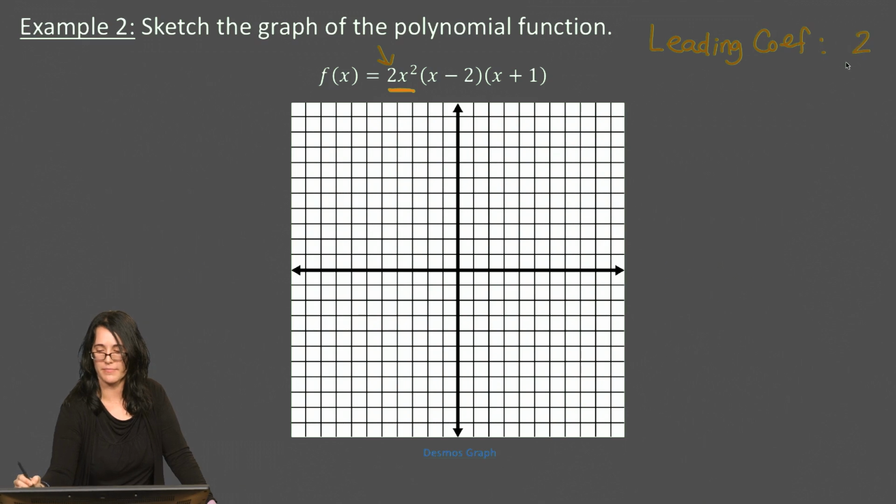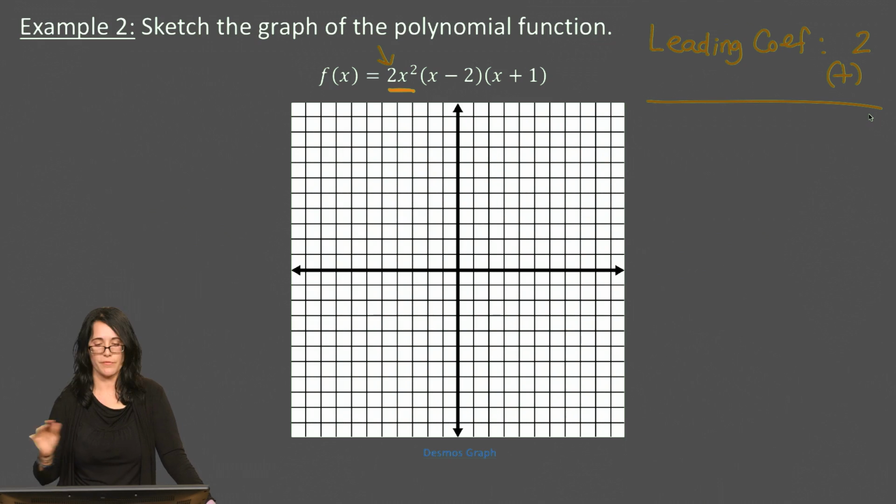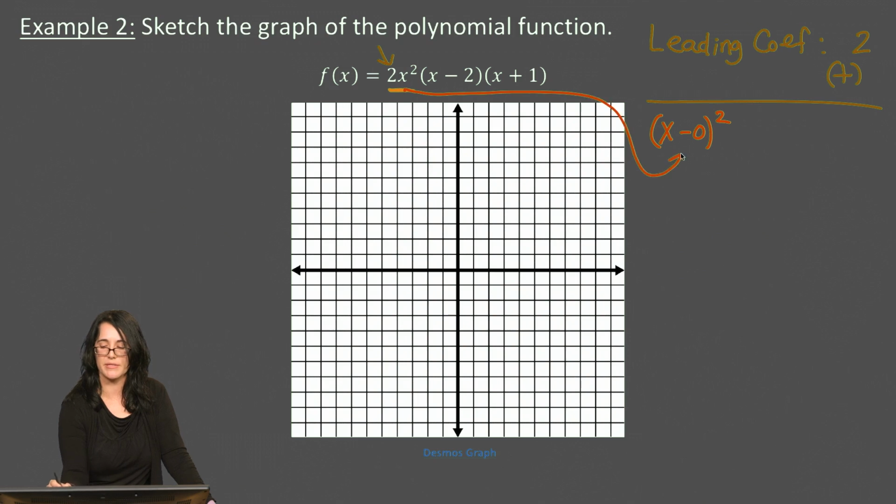which is positive, right? So that part's still the same as before. The unique part is what's happening with the zeros, right? So with our zeros here, we have a 0 at x minus 0 squared, right? That's really what's happening there. If you have x squared, it's really x minus 0 squared.